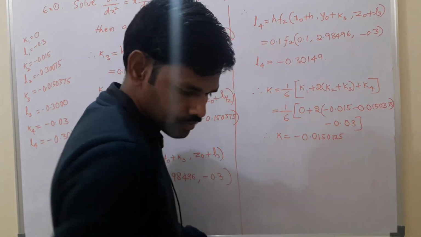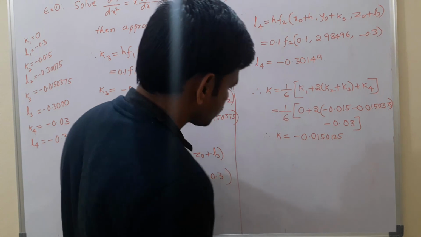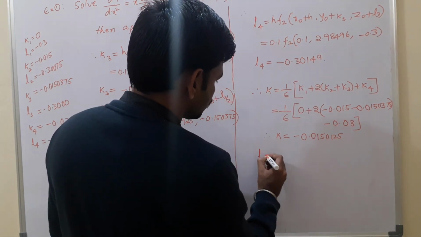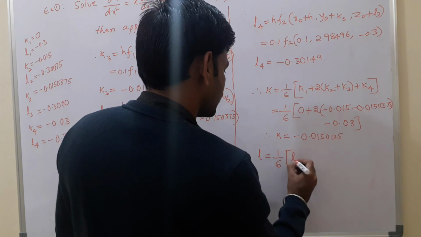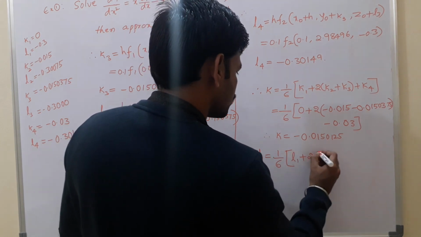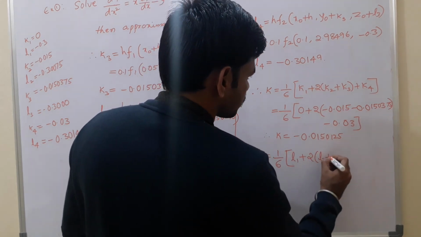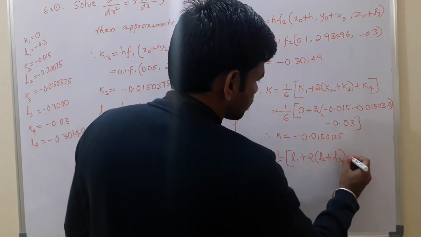And therefore L equal to 1 by 6 of L1 plus 2 into L2 plus L3 plus L4.